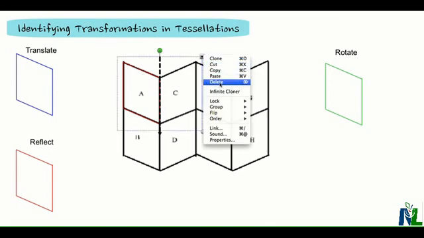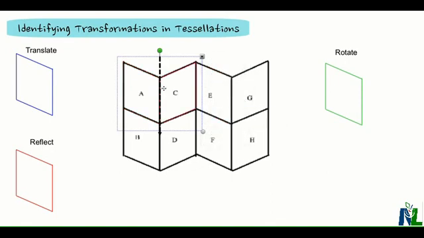On my screen, it talks about flipping it, which is pretty much the same thing. So I just reflected that around that line to get from shape A to shape C. Okay, I could then take that shape and translate it down to make shape D.